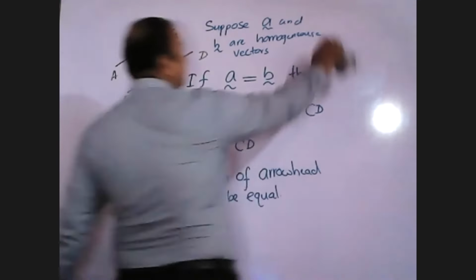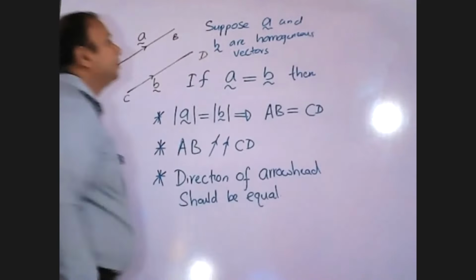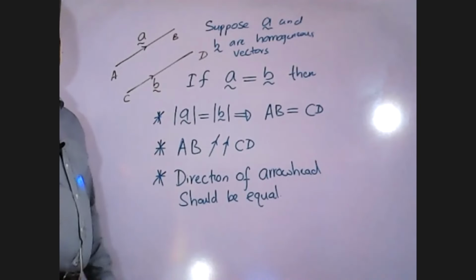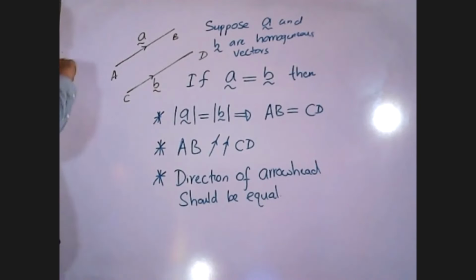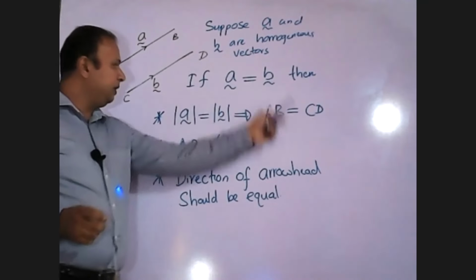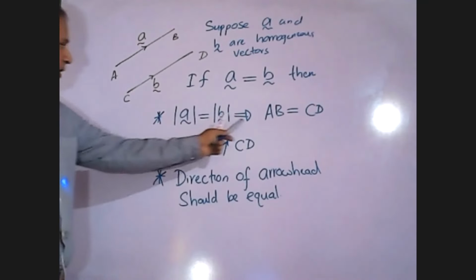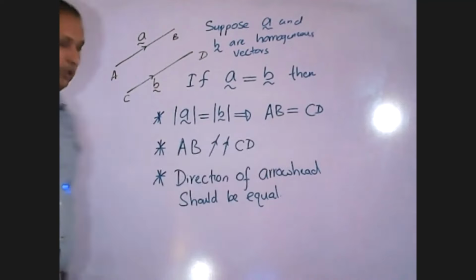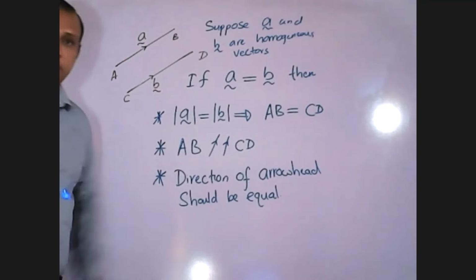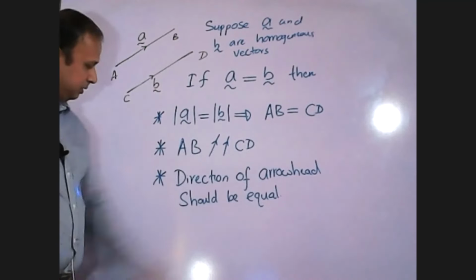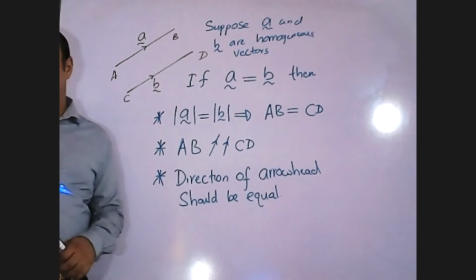If A equals B, then the magnitude should be equal. So AB equals CD. AB should be parallel to CD. The arrowhead directions should also be equal.